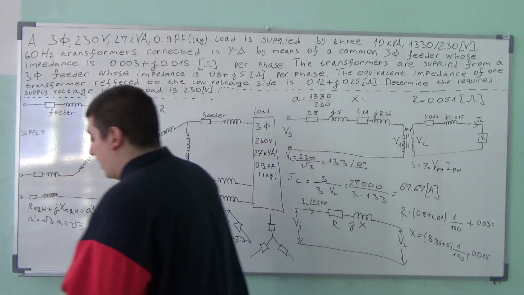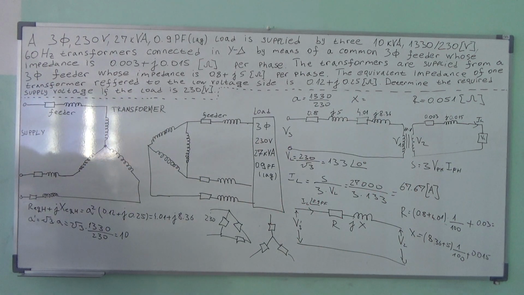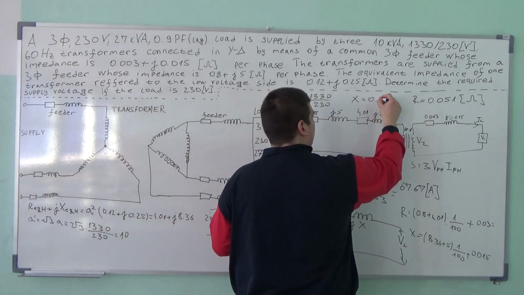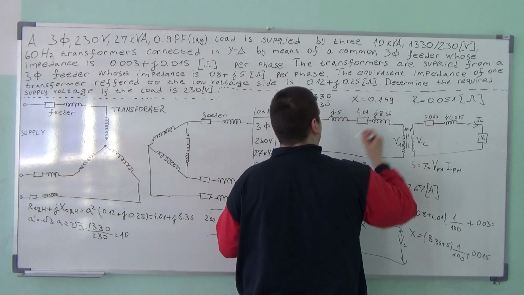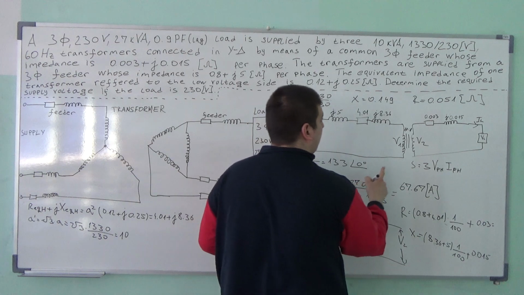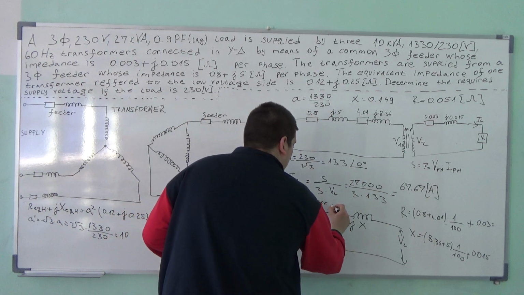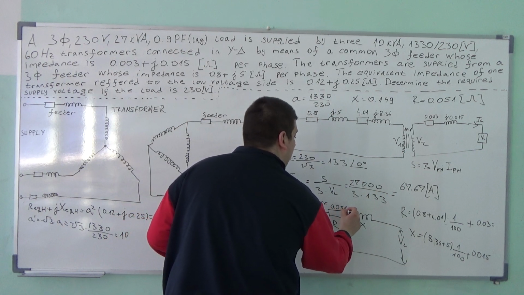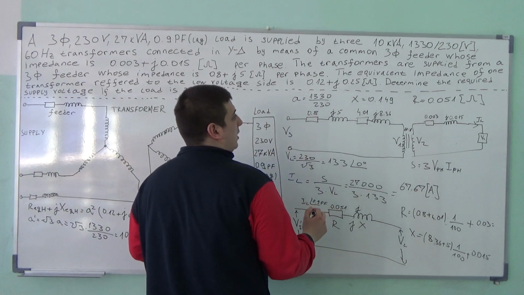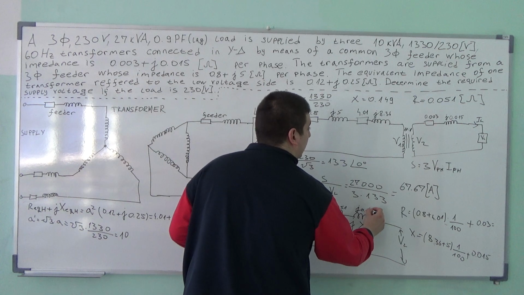X will be equal to 0.149. So R is 0.051 and here we have J 0.149.